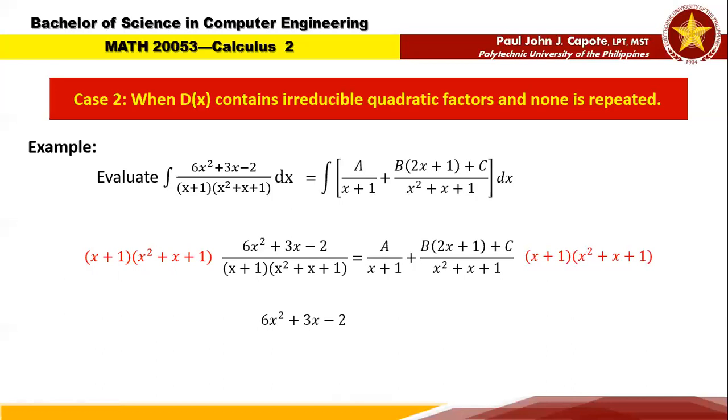First, we multiply the factors to the first term. Notice that we can eliminate the factor x plus 1. So what remains, we have the constant a times x squared plus x plus 1.